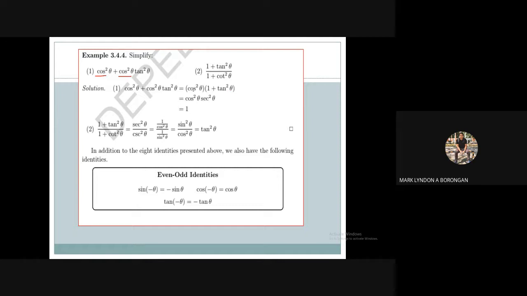It's just like saying, let's say for example, a squared plus a squared b squared. If you factor out a squared, since they are common, you have a squared times 1 plus b squared. Right? It's like what we did here in our identities.